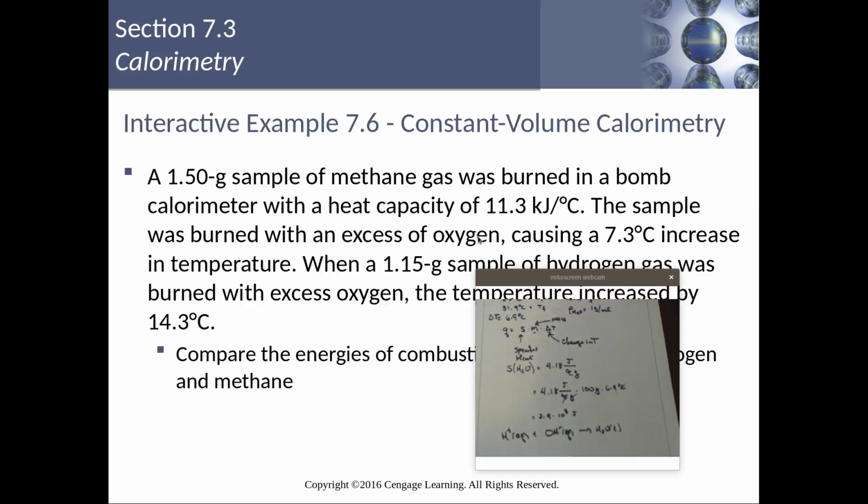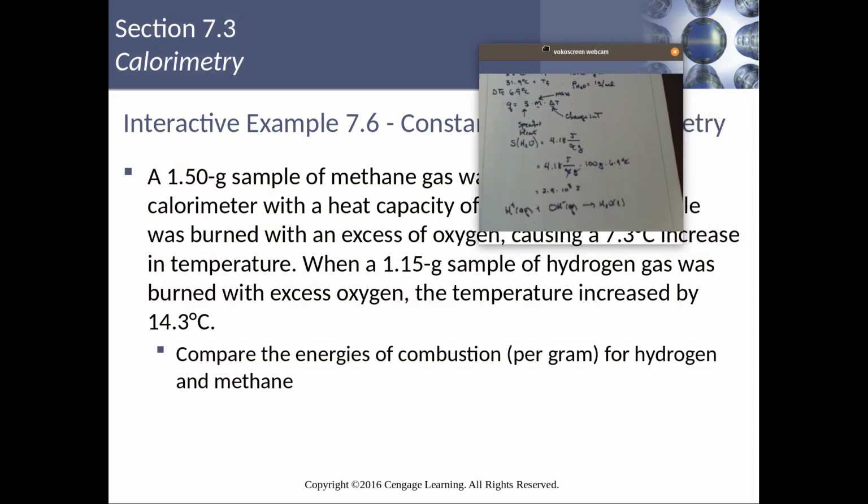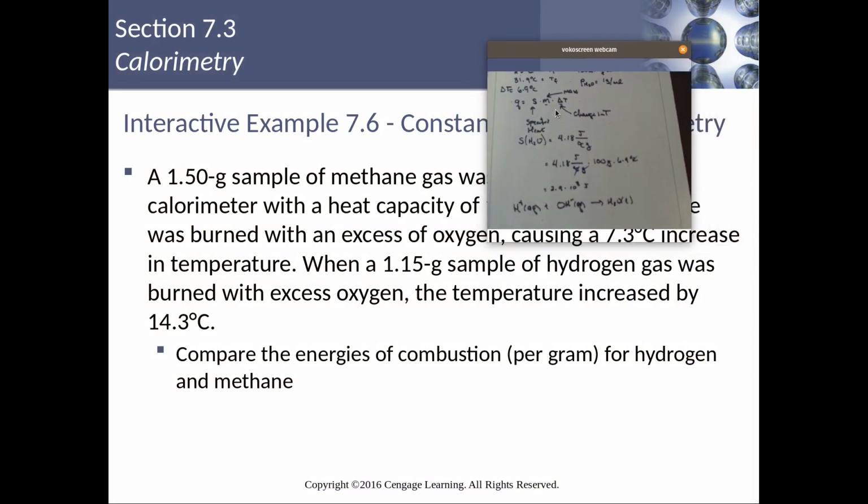In this particular case, we determined that beforehand: 11.3 kilojoules per degree Celsius is the heat capacity of that entire apparatus. Again, if you were to do this as an experiment, you would need to determine that, because it depends upon the amount of water and all the other things inside of this calorimeter, and it's a very carefully done experiment. So what we need to do now is calculate and compare the energies of combustion for hydrogen and methane gas.